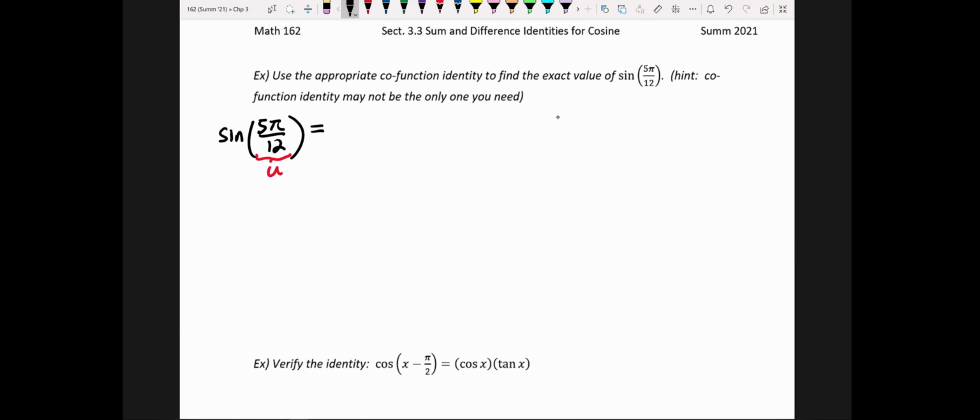When we go from function to cofunction, we replace the input with pi over 2 minus the input. So sine of u is equal to cosine of pi over 2 minus u. That's directly applying our identity group 6, the cofunction identity.